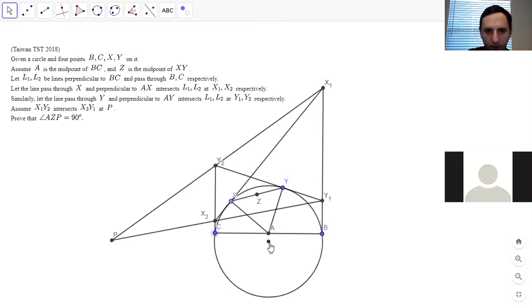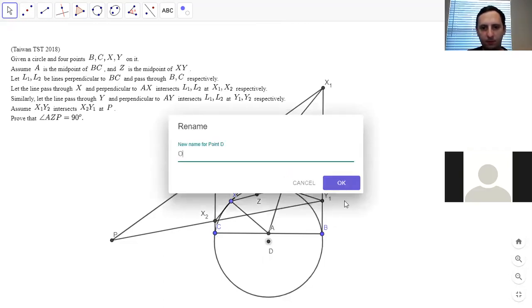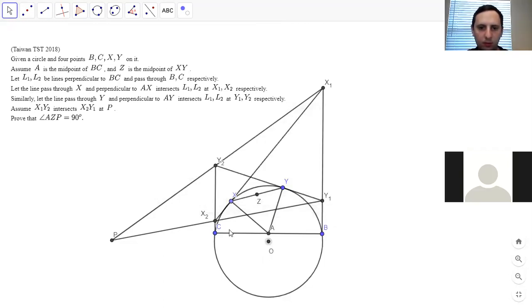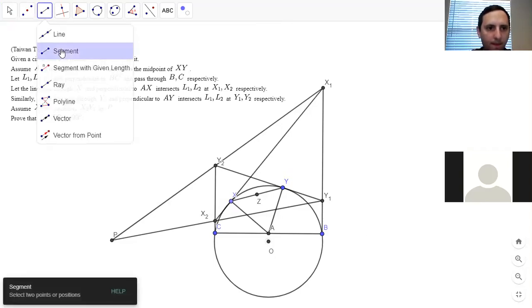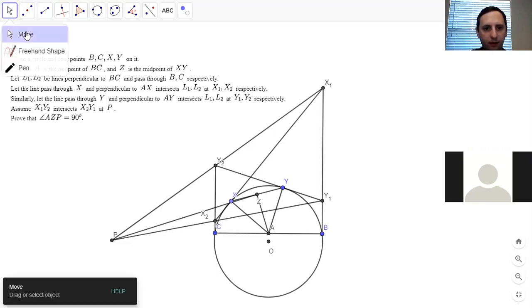So this is point, I'll call it point O. So OZ is perpendicular to XY. OA is perpendicular to BC. Yeah, we know angle OZX is 90. We want to show AZP is 90.